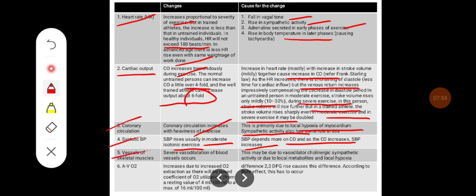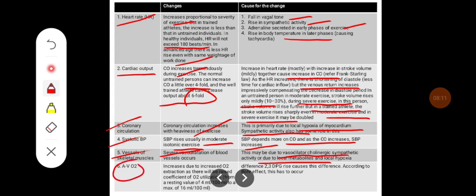Effect on vessels of skeletal muscles. There will be severe vasodilatation of the blood vessels during exercise. This may be due to the vasodilator effect of cholinergic sympathetic activity or due to the local metabolites and local hypoxia.